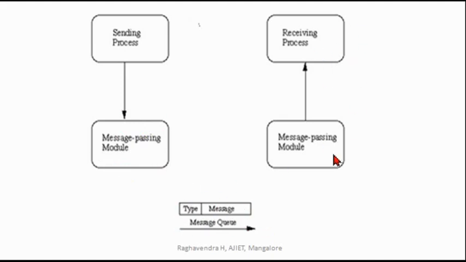The receiving process retrieves the data from the message queue through a message passing module. It is not necessary that at the same time the sending process is sending data to the queue, the receiving process receives from the queue. It is not required like that.